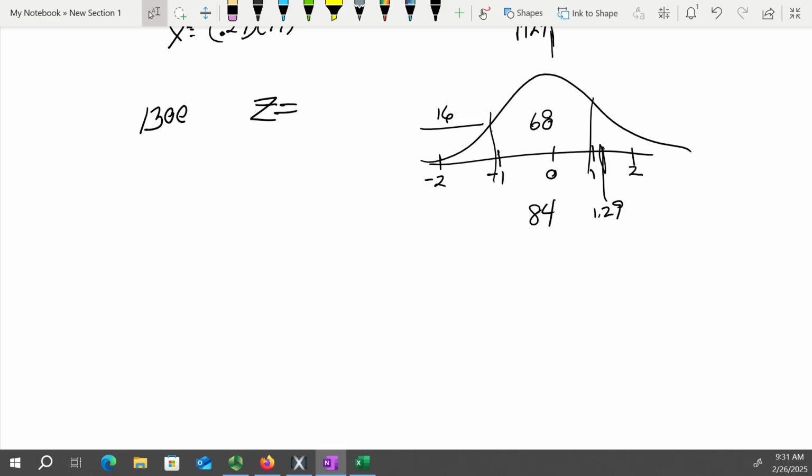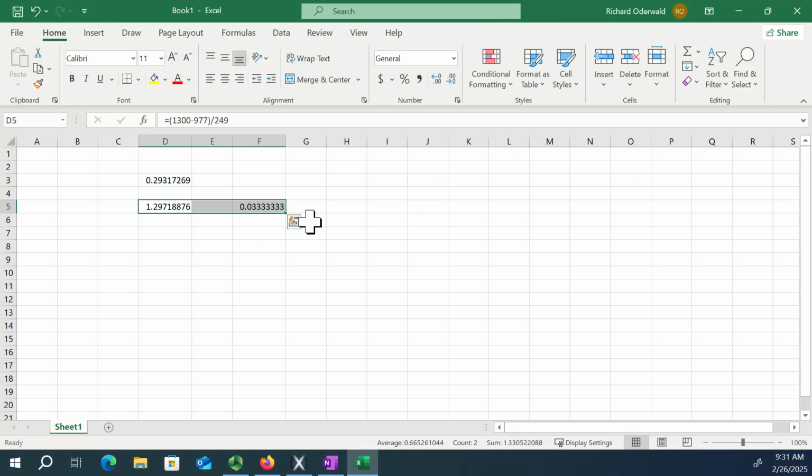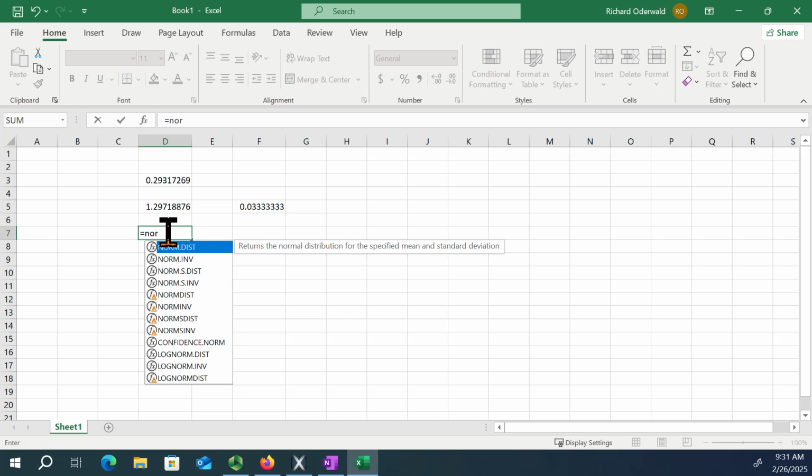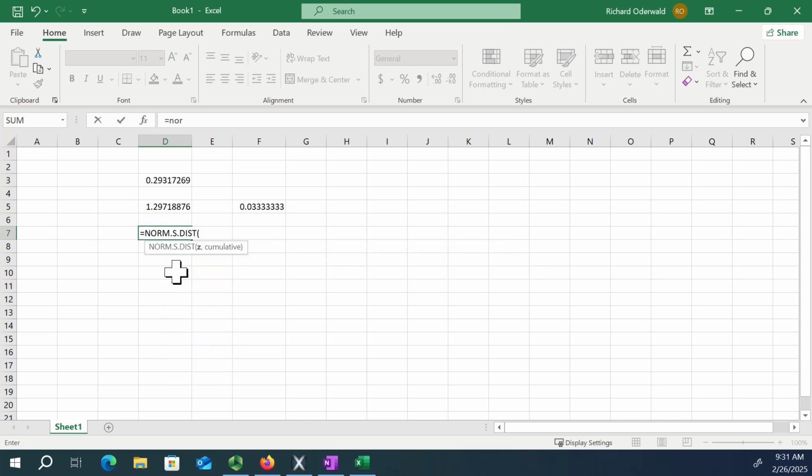If you put it in Excel, we can use the standard normal, equals norm.s.dist. This is different than the norm.dist because in the norm.dist I had to give it the mean and the standard deviation.